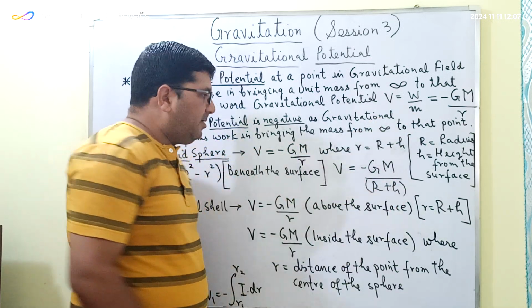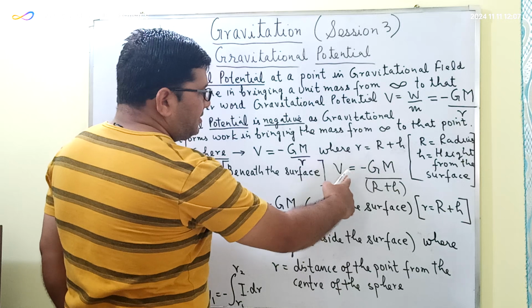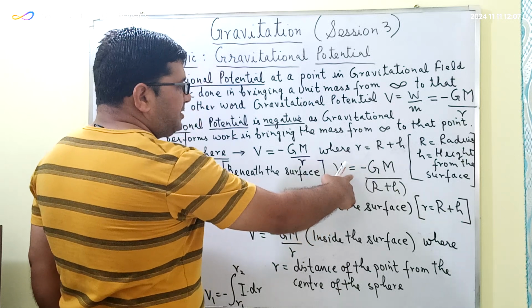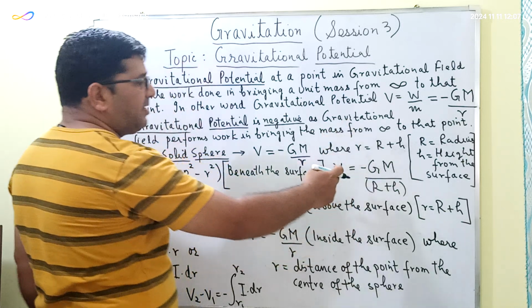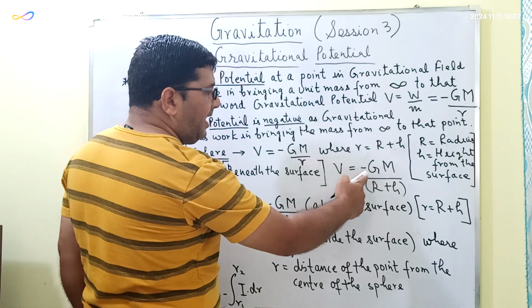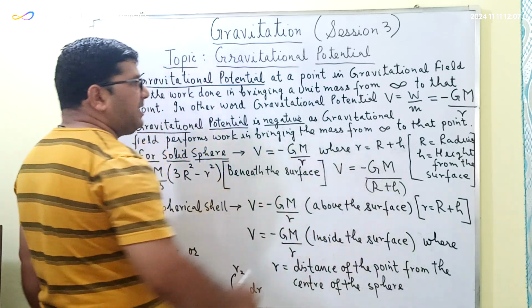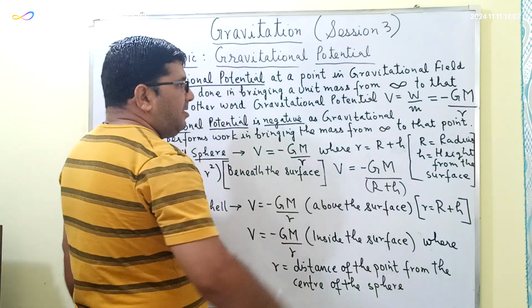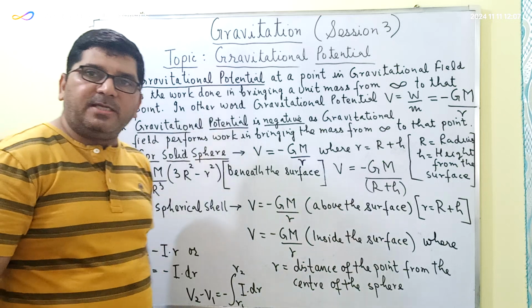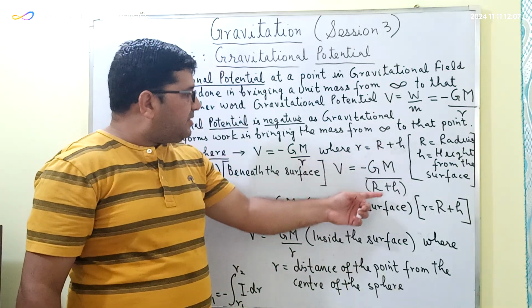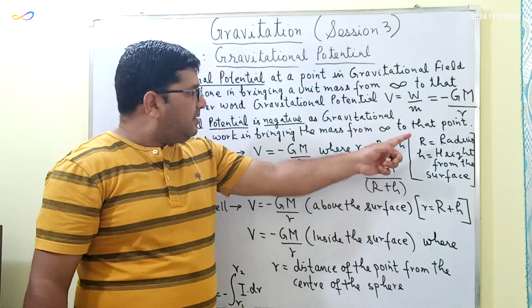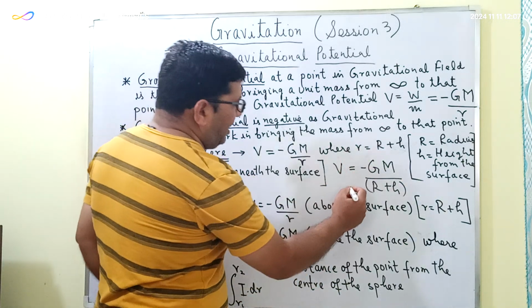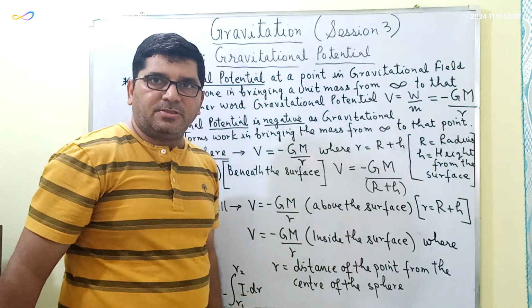So this is the formula for the gravitational potential with reference to the Earth, at a point which is located at a distance given by small r equal to r plus h.